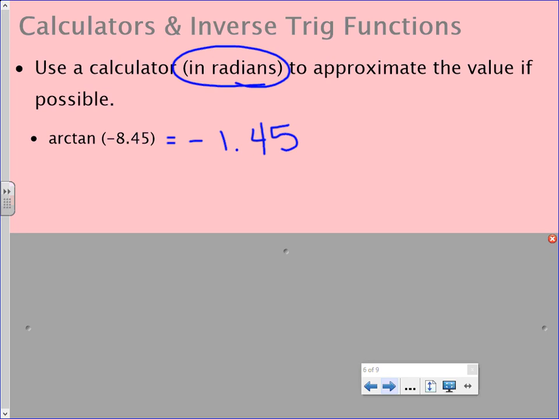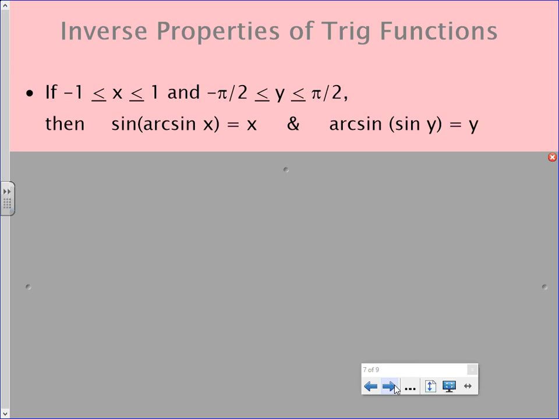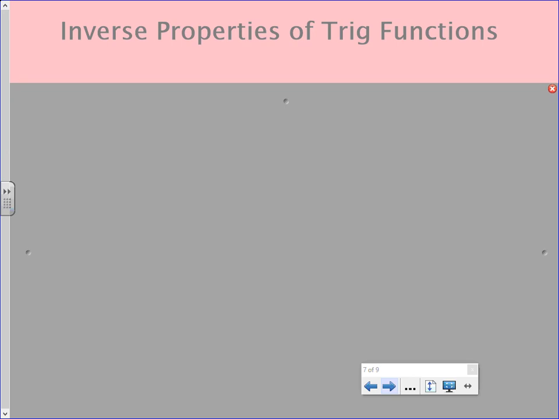We are going to talk about some properties. They're going to make a lot more sense when we do some examples. So write them down and we'll talk through them, but I promise you when we do examples, it will feel better.